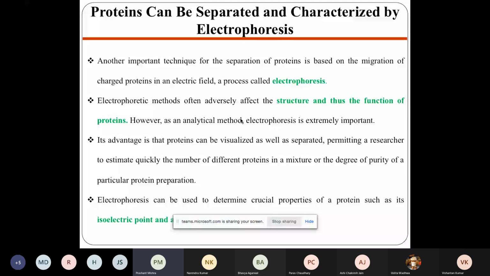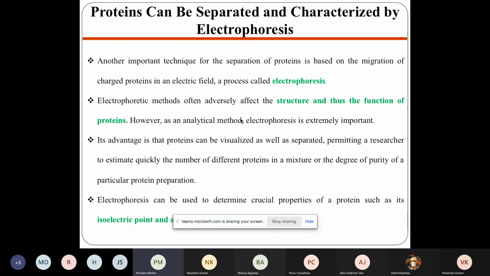Of course, when we are using electrophoresis, it is assuming that proteins are charged molecules, and because of the charge, they will be separated if we subject them to an electrical field. The advantage of this technique is that while you are separating, you can very quickly visualize that they are getting separated.